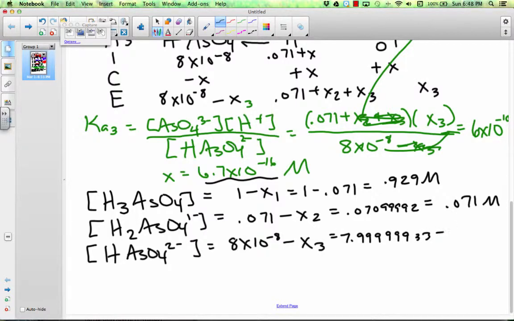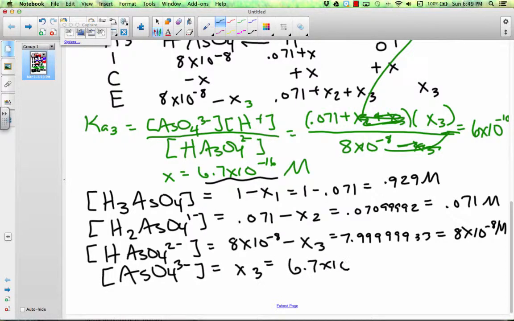So really, we're still going to call it 8 times 10 to the minus 8 molar. And then we have the arsenate ion, which was formed in the very end. It's just equal to the x from our third dissociation. So that was 6.7 times 10 to the negative 16 molar.